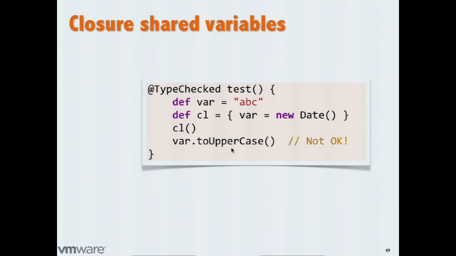There are some cases where things are harder to figure out. For example, if there's a variable, and it's related to flow typing that I mentioned earlier, sometimes a variable can contain a string, or it could contain a date, but that closure could be executed or not. We have no guarantee.